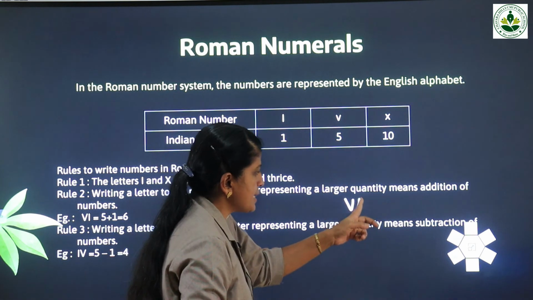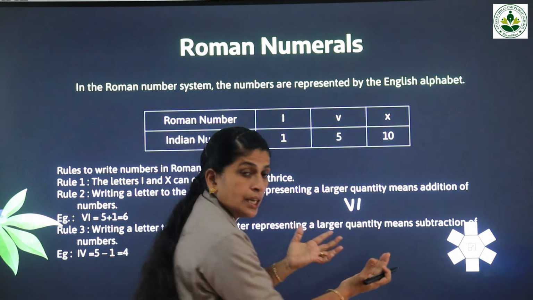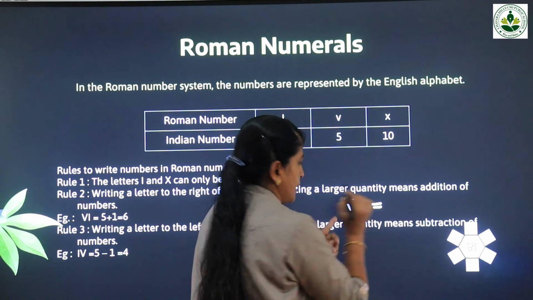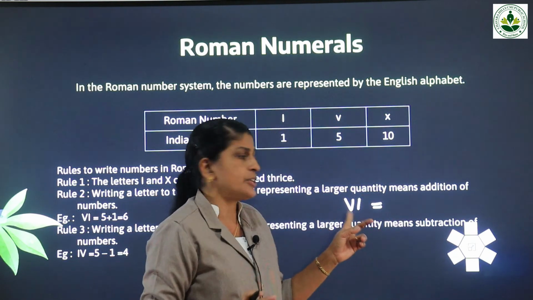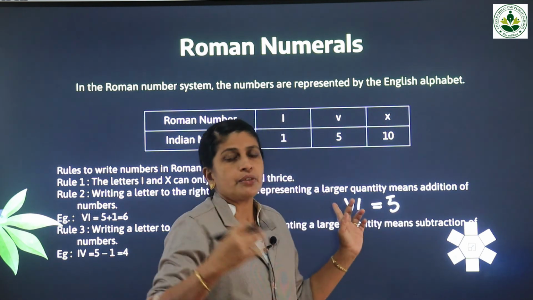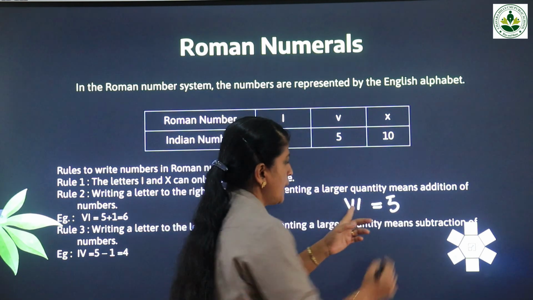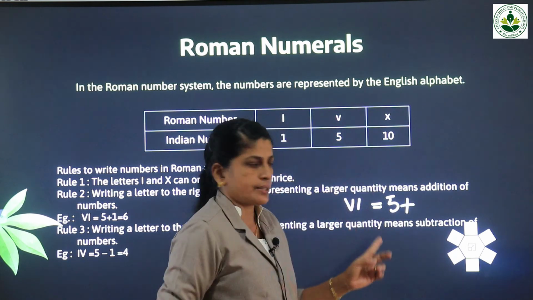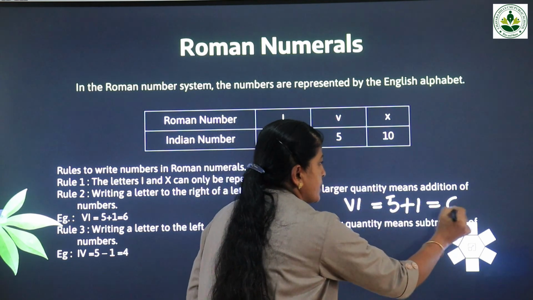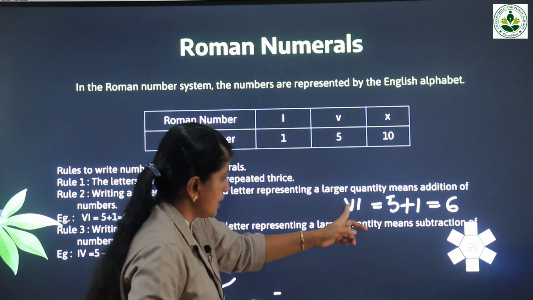We have written a small quantity after a large quantity, so in such cases we are adding. V represents 5, then plus, and I represents 1. Therefore, 5 plus 1 is 6.